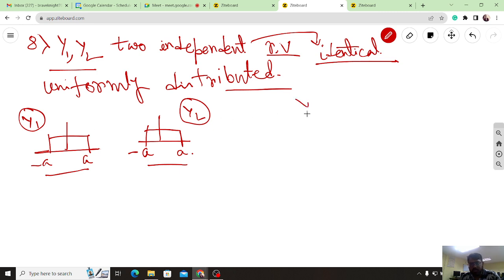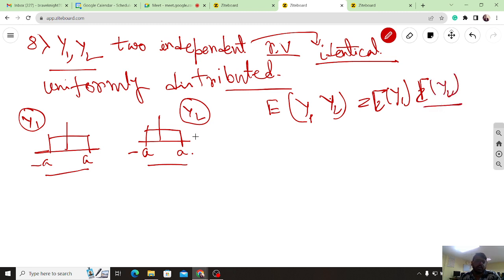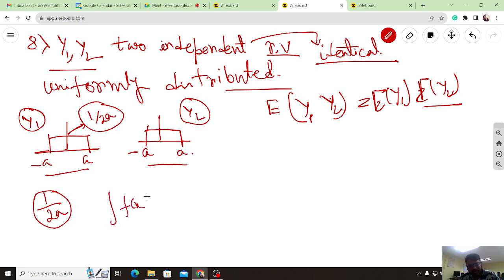So y1 and y2 are independent, identical, and stretch from minus a to a. So basically the density is 1 by 2a, to hold the equation integral of f of x dx from minus infinite to infinite equal to 1.